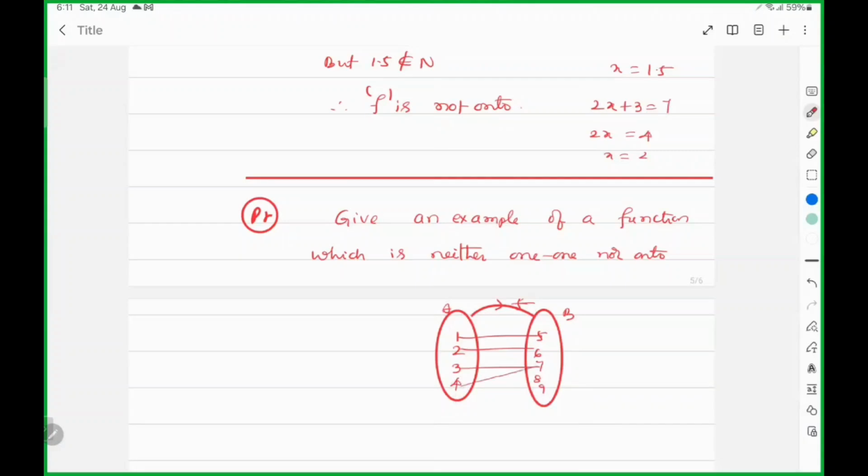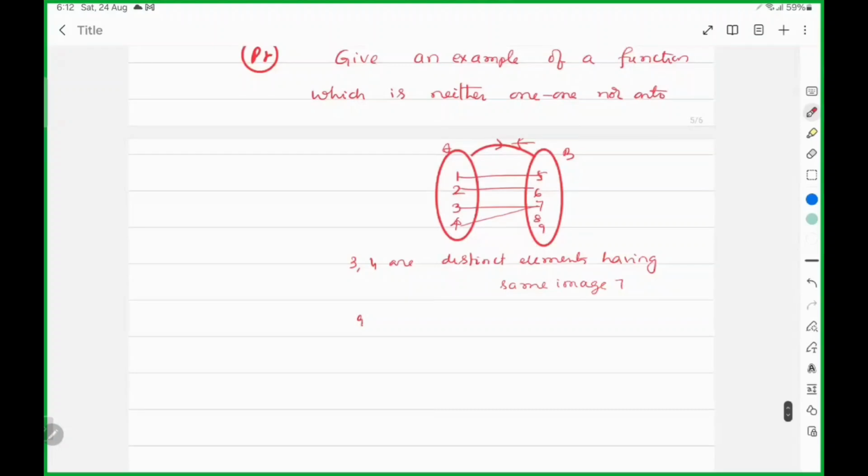Suppose if I give an image, 3 and 4 are distinct elements having the same image 7. 9 has no pre-match.